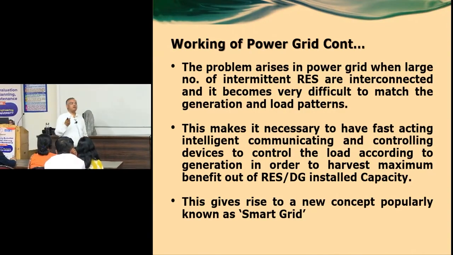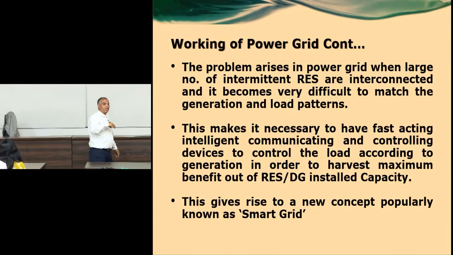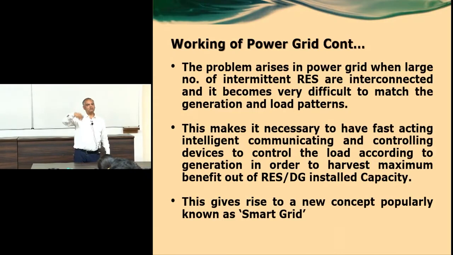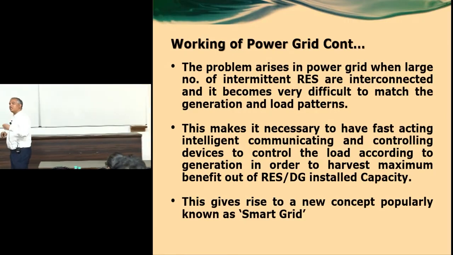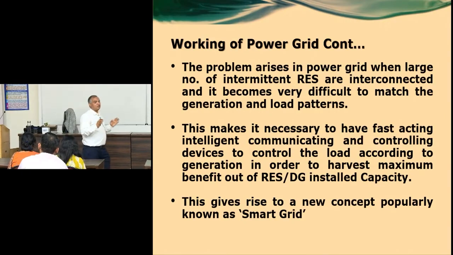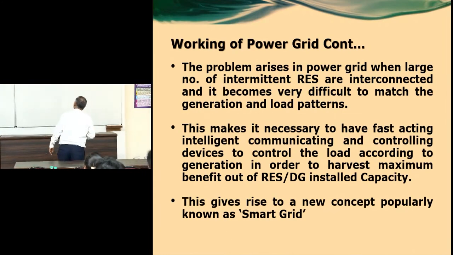That is the concept of smart grid, where the load is to follow the generation. You have to keep changing the load according to the generation, so that you can have a perfect match between demand and supply, and keep the voltage and frequency balanced.